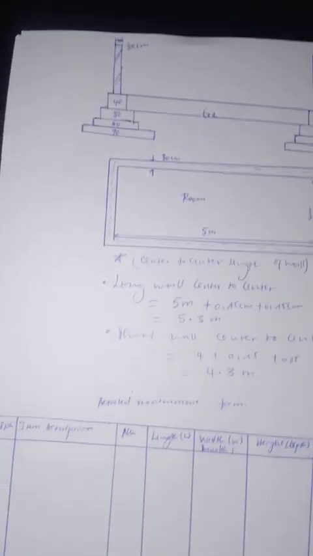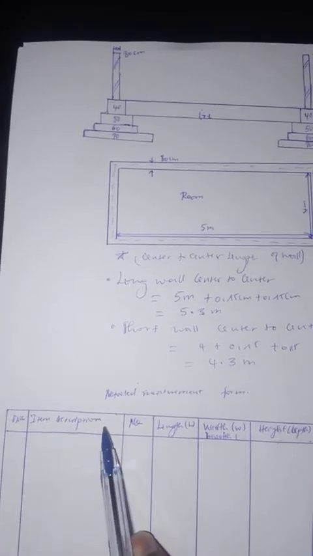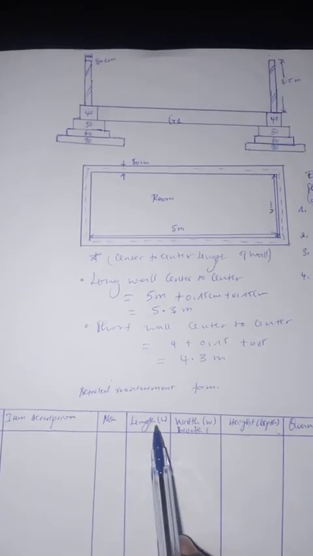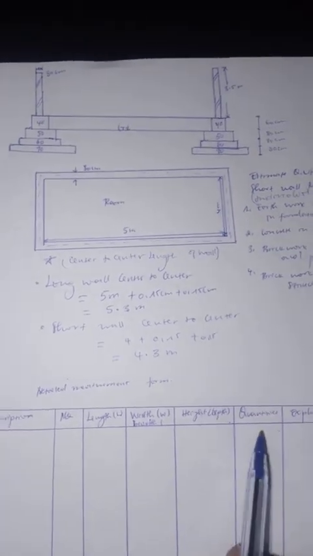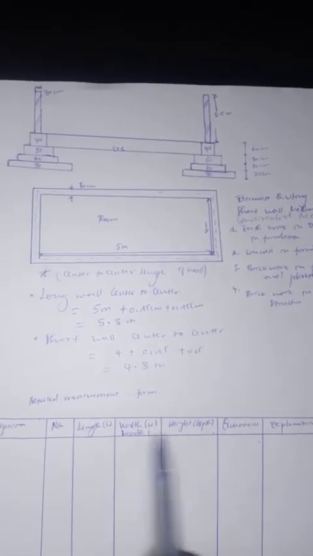The detailed measurement form comes with sequence number, item description, number of items, length, width, height, quantities, and an explanation about the items.